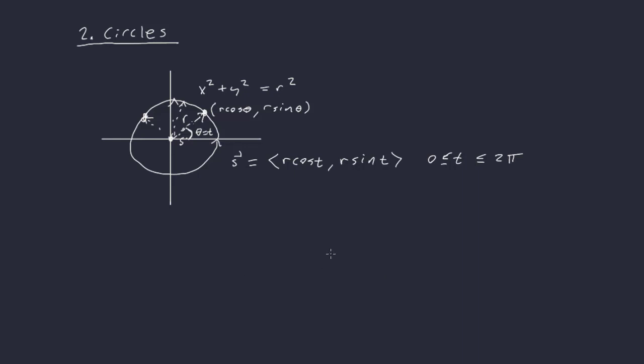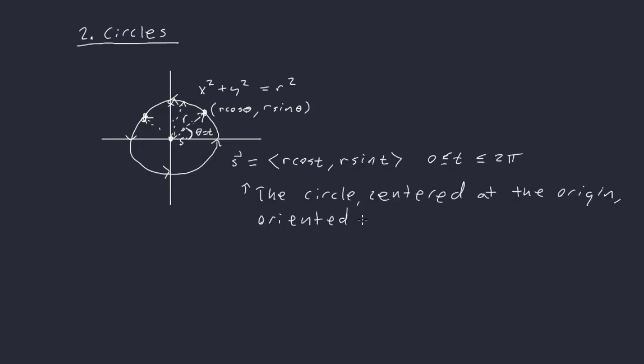So now, this gives us the circle centered at the origin, oriented counterclockwise with radius r.